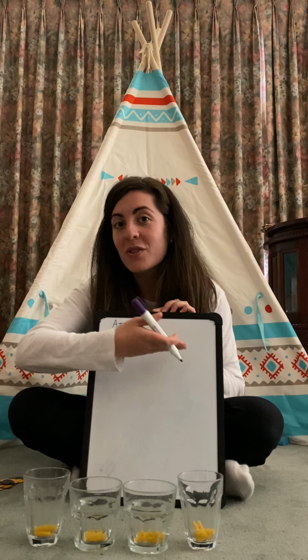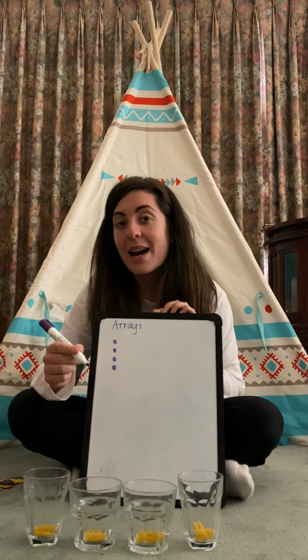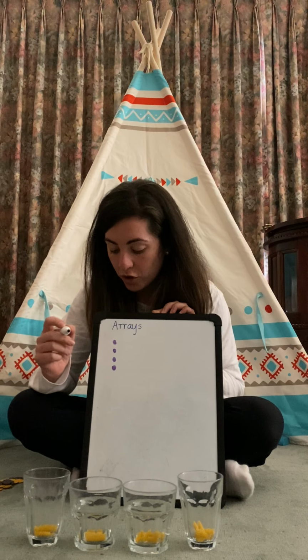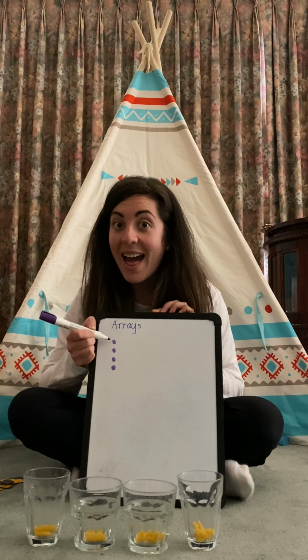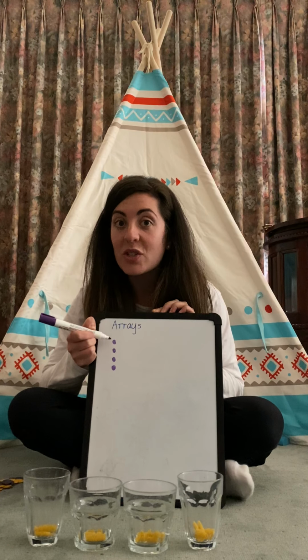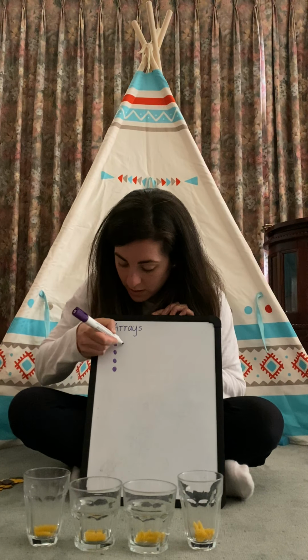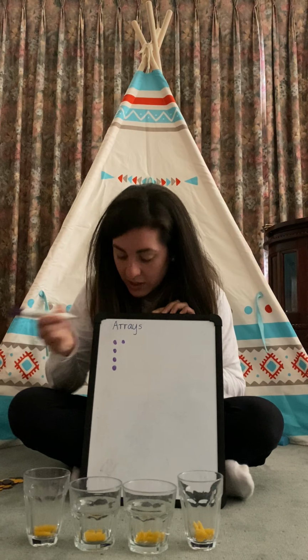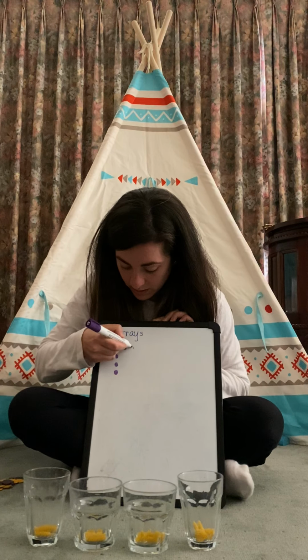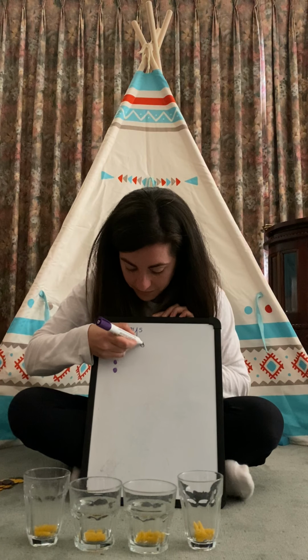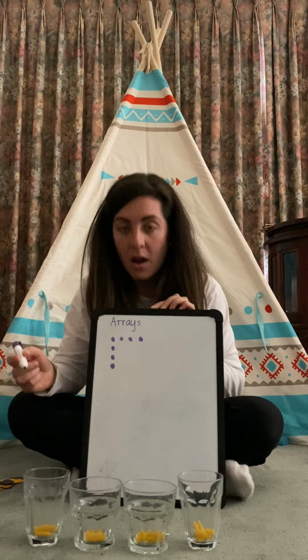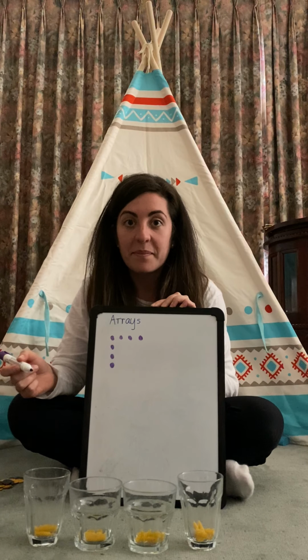Now in the rows, I'm going to tell you how many pieces of pasta are in each group. So let's look at row 1. Now I already have 1 circle there, which is 1 piece of pasta. The second circle, 2 pieces of pasta, 3 pieces of pasta, 4 pieces of pasta.